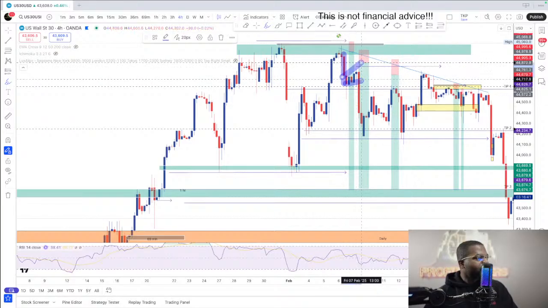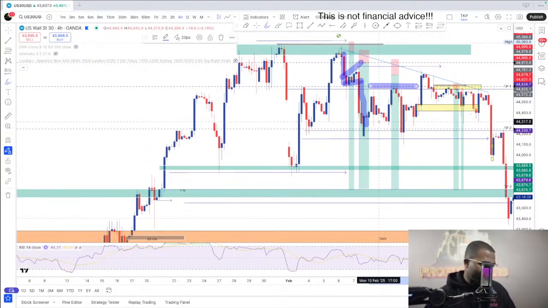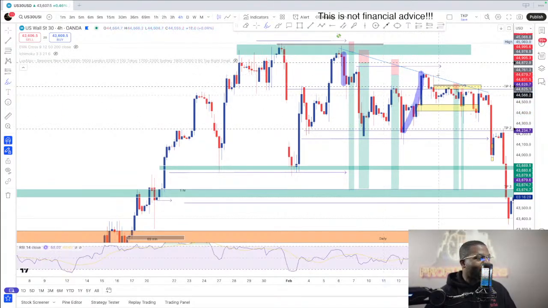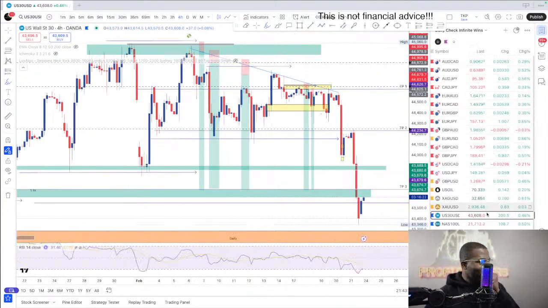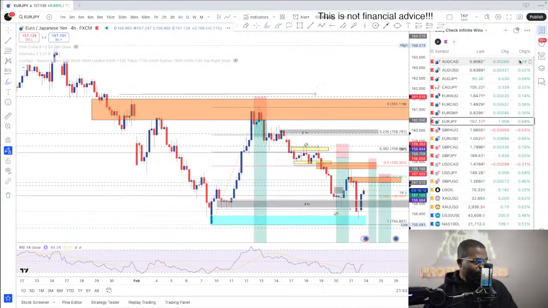We get a pullback, I add to it. Notice we had multiple rejections right there. The price needed to break above those. When it gave this pullback, I added to it. Same thing here. Okay? So that's what we are trying to do on Euro JPY.